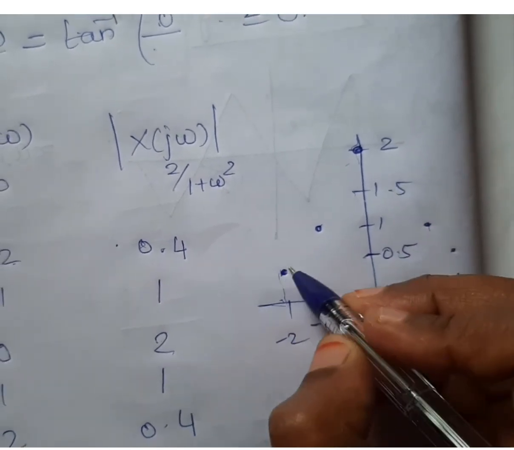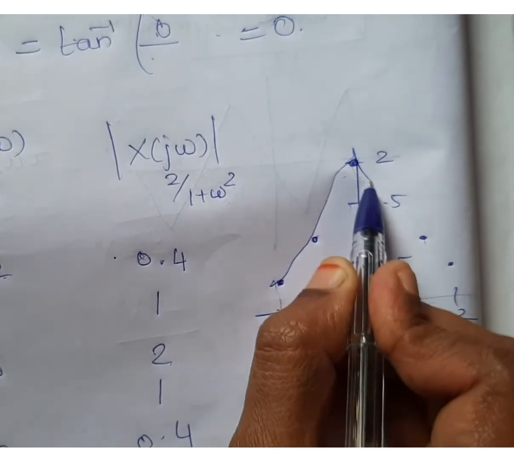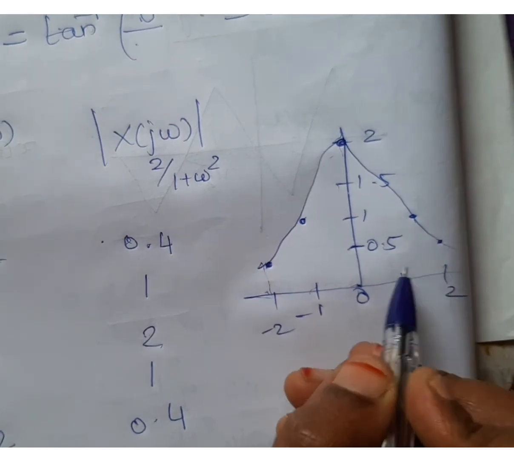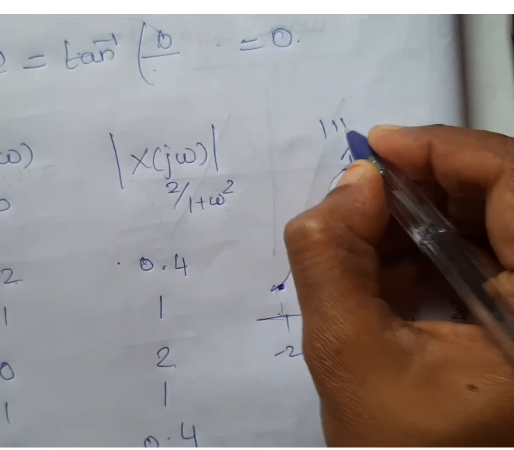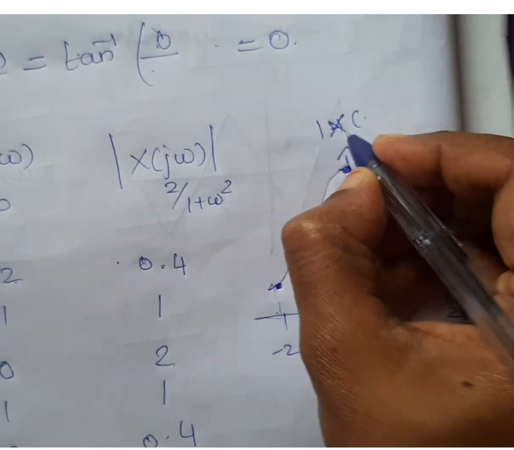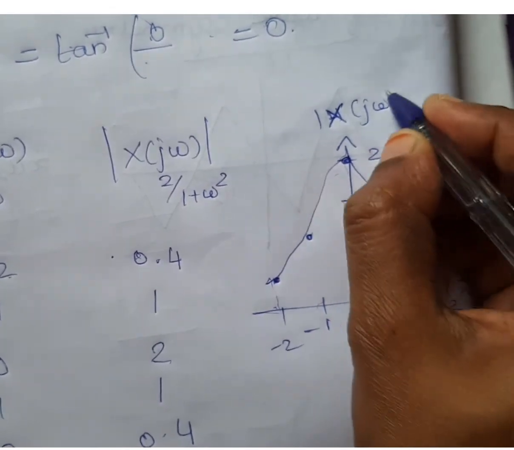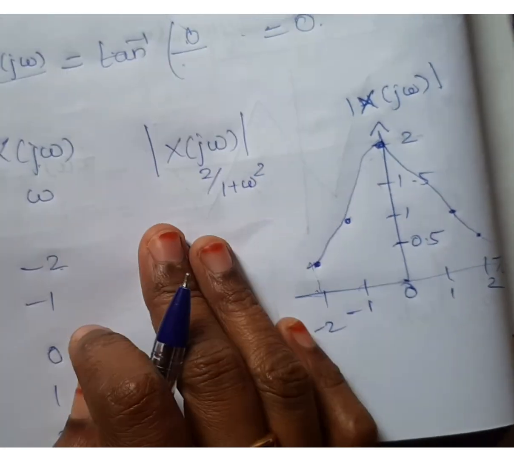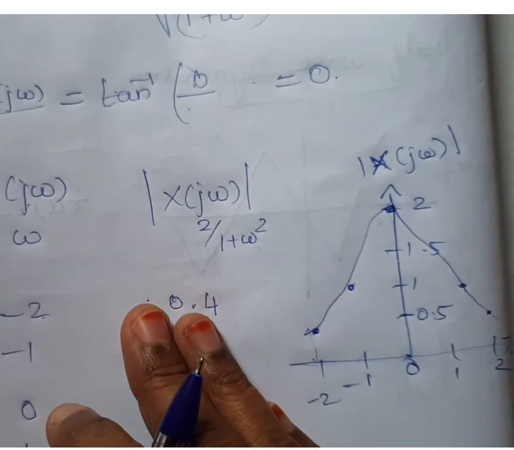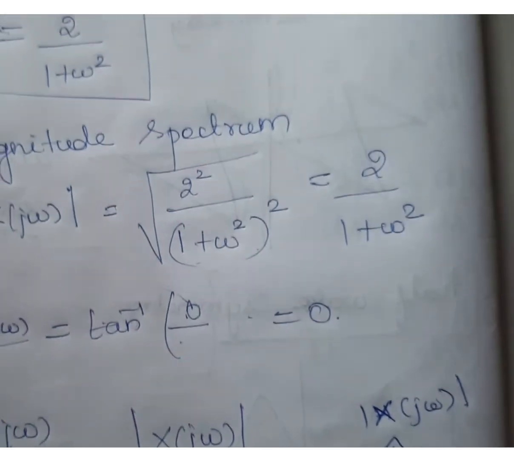Okay, so now you can plot this. So if you plot, the spectrum will be in this form. Okay, so it is omega and this is the magnitude of x of j omega. So this is the magnitude spectrum of our given question, that is e power minus magnitude of t.